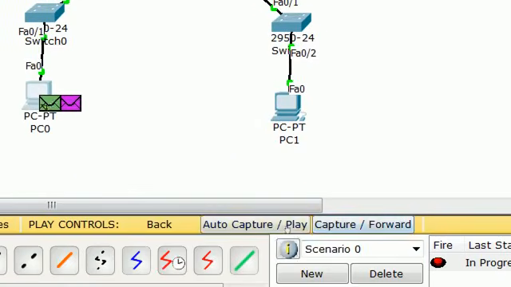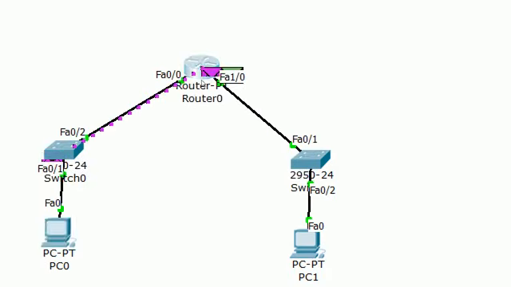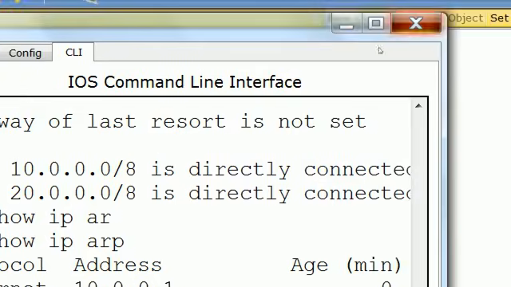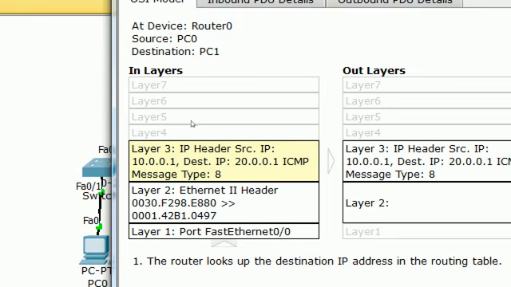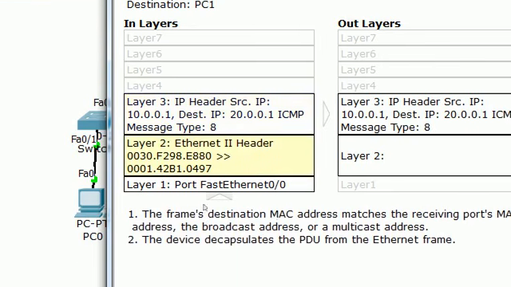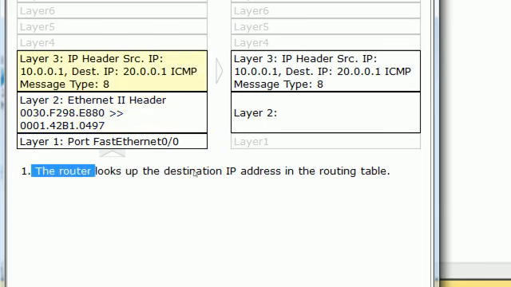Now computer will send actual data. Data will be received by switch. Switch will forward it to the router. Now we will see what router is doing. See, the frame destination MAC address matches the receiving port MAC address. After that, the router looks up the destination in the routing table.